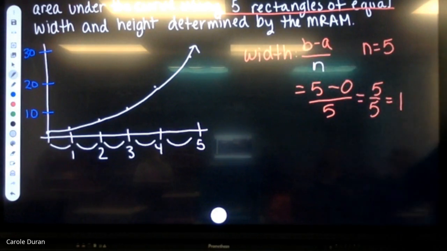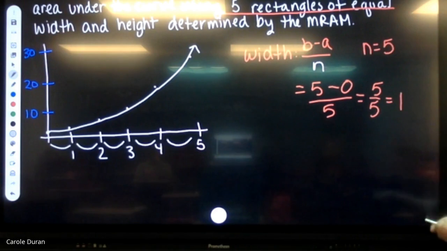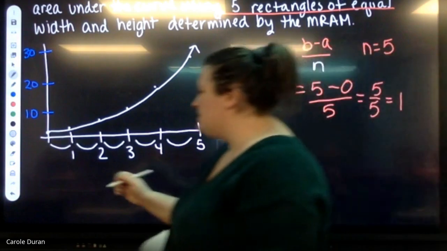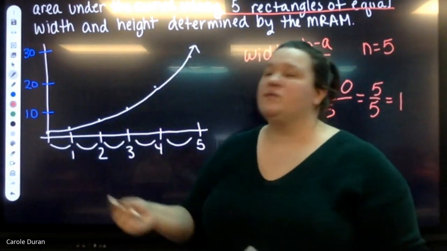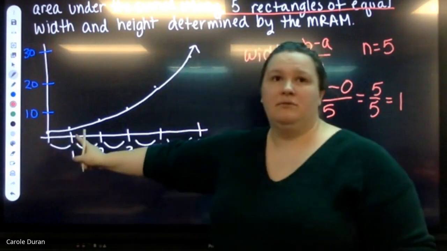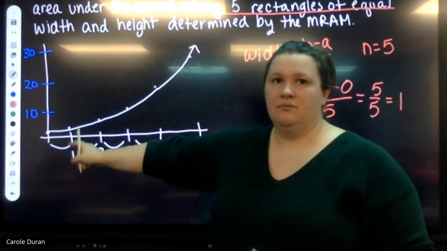There you go. So now that I know the width of each of my intervals, I need to determine which point on the interval I'm using to determine my height. So am I using the left endpoint, the right endpoint, or the midpoint? Midpoint. So I need to determine what the midpoint is on each of these intervals because that's going to make it a lot easier for me. So what's halfway between 0 and 1? 1/2.